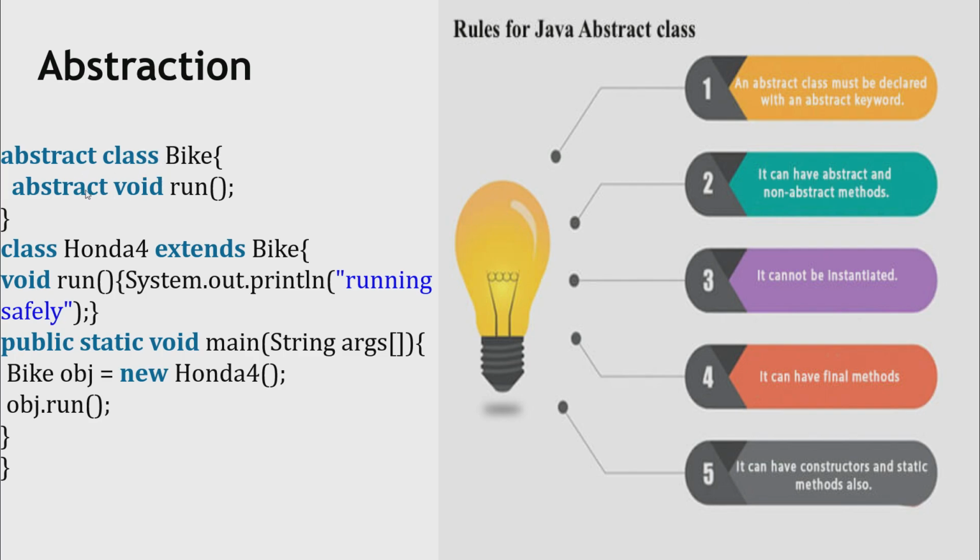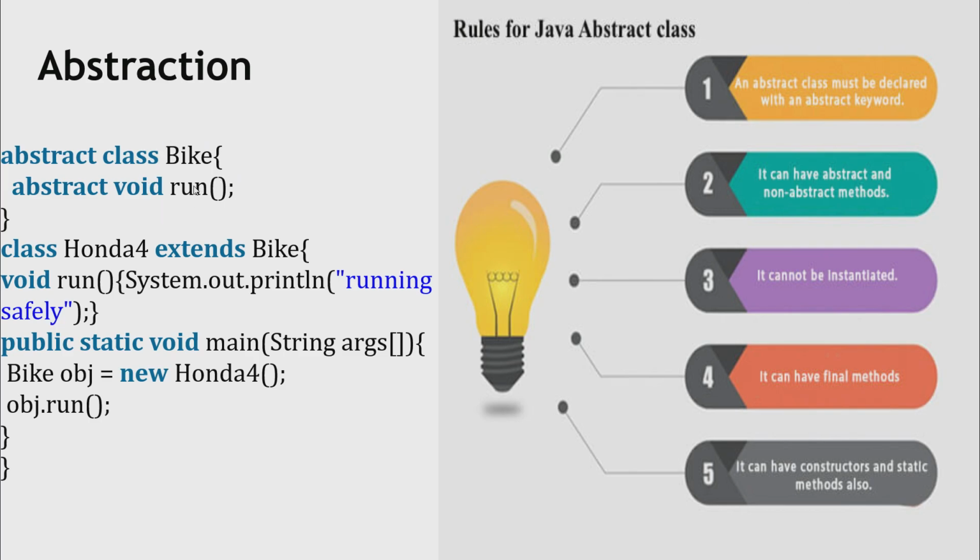It can have abstract methods as well as non-abstract methods. The abstract method does not contain any details inside; only the declaration of the method is made here. The details cannot be implemented here, rather they are implemented in the derived class, the child class which is deriving this class.